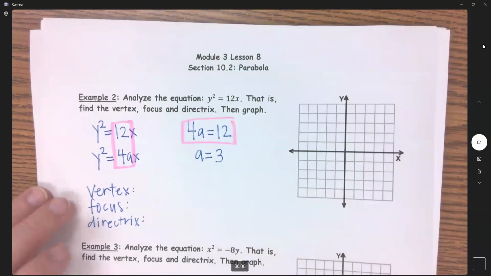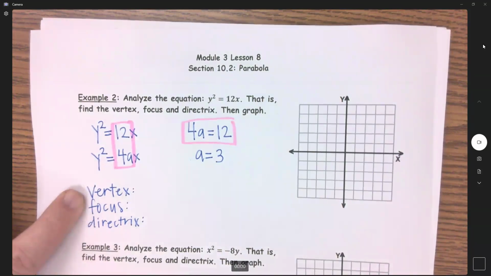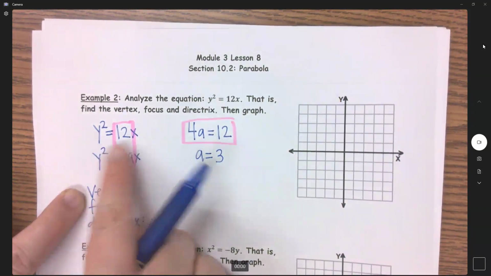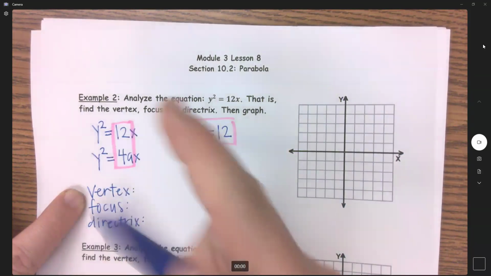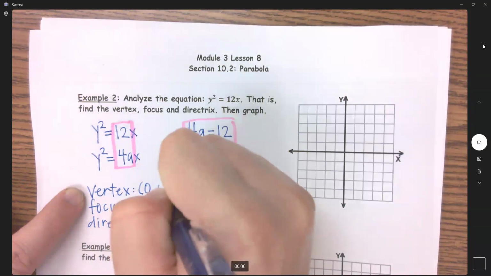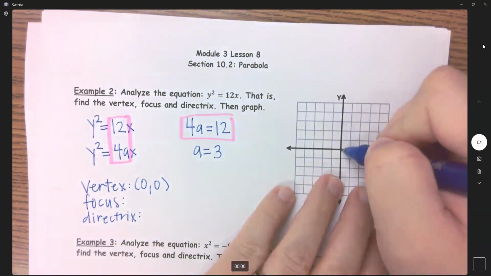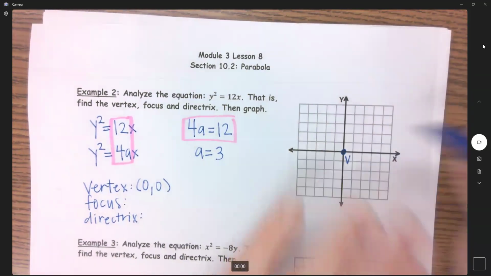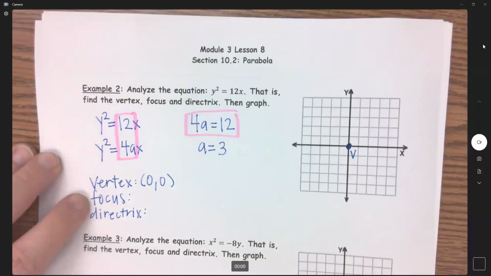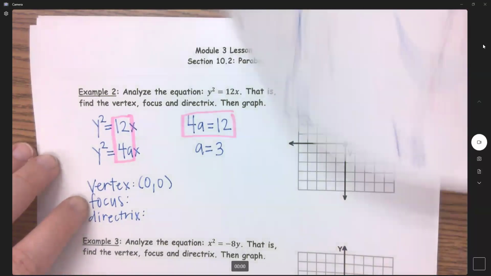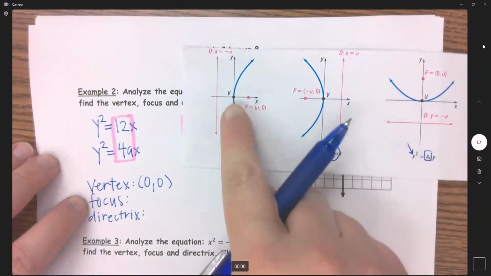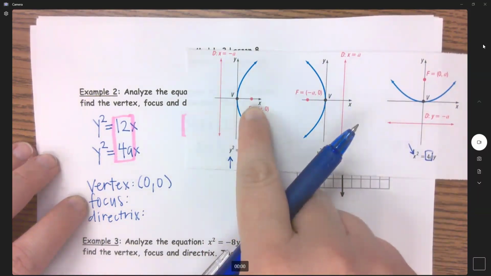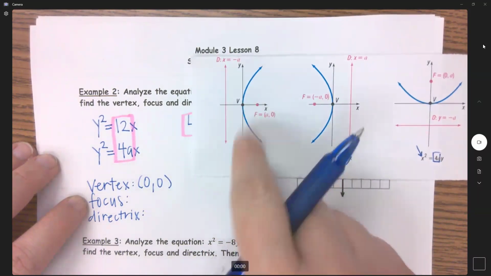Okay. So where is my vertex? Well, in this equation, I don't have anything in parentheses with the x or anything in parentheses with the y, that tells me my vertex is at 0, 0. So now my focus, if this is my version of my formula, that tells me my focus is going to be over here to the right of my vertex.